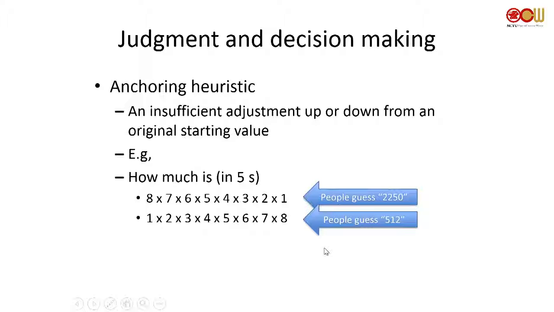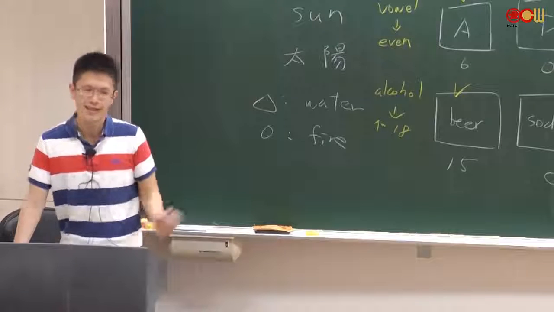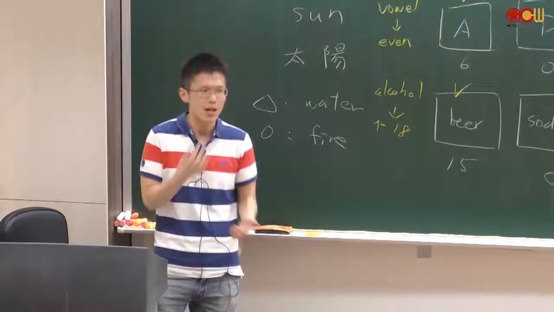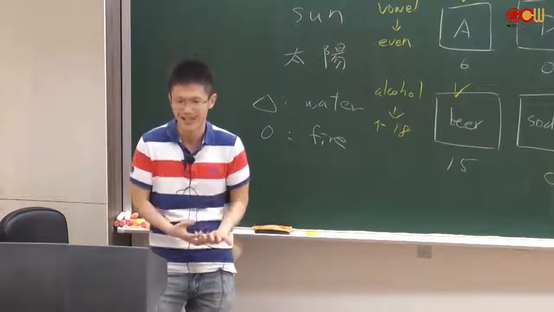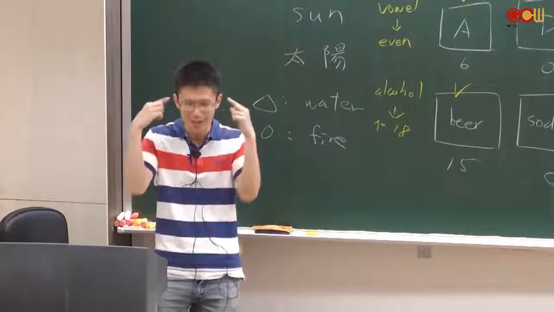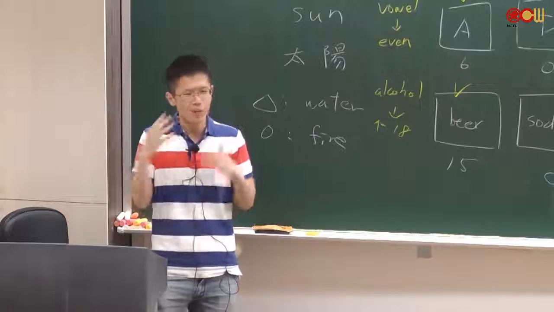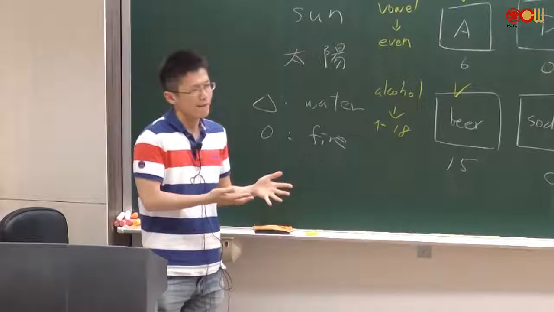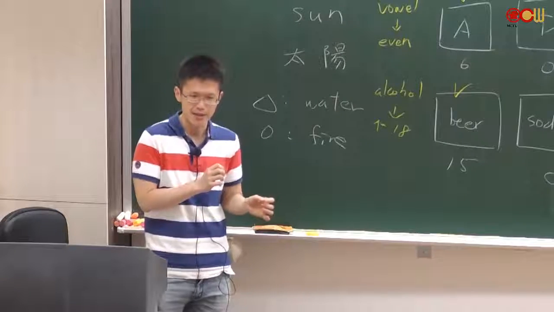And they had only 5 seconds to do this estimation. Why does it have to be as short as 5 seconds? Of course, if you have 1 hour to calculate this, everyone can get it correct. You don't have to use heuristic at all, you just use your mathematical skill. But this is not testing your mathematical skill. This is testing your heuristic, your hunch. So they can only guess or estimate.